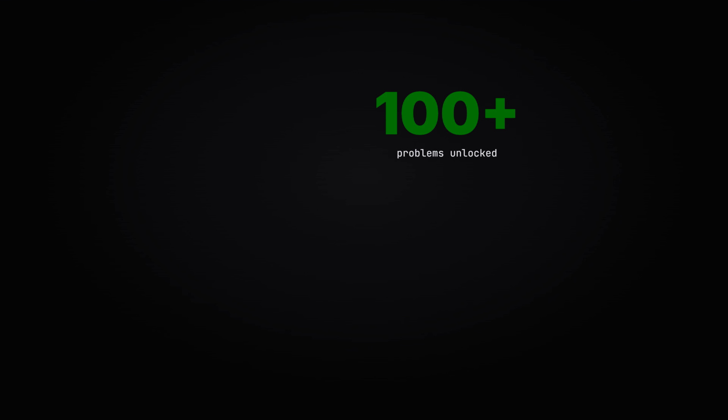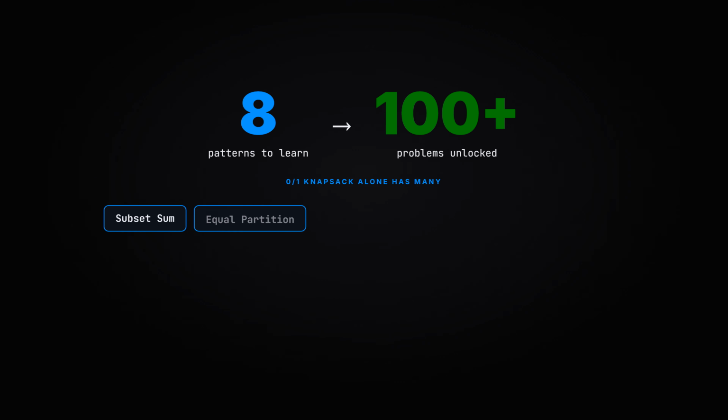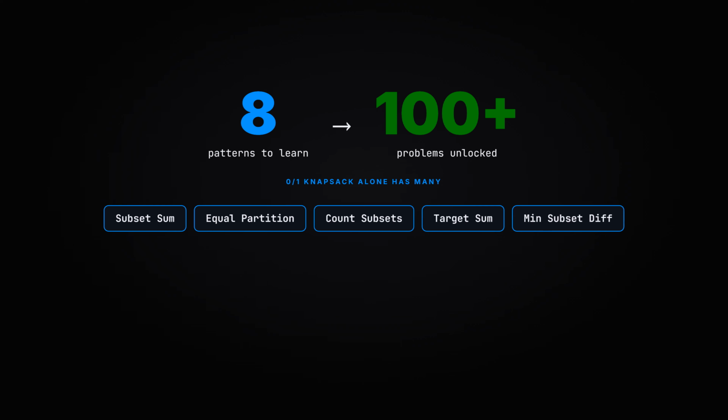Here is another interesting observation. Dynamic programming is not about learning hundreds of completely different problems. Instead, most interview questions are simply variations of a handful of fundamental patterns. For example, the 0-1 knapsack problem has many variations such as subset sum, equal sum partition, count of subsets, target sum, and minimum subset difference.